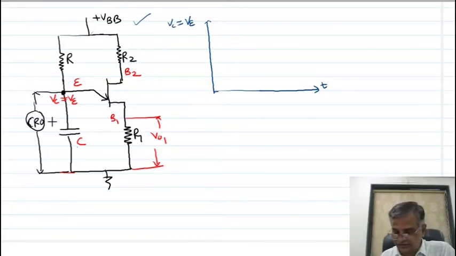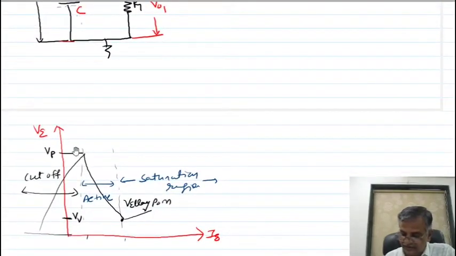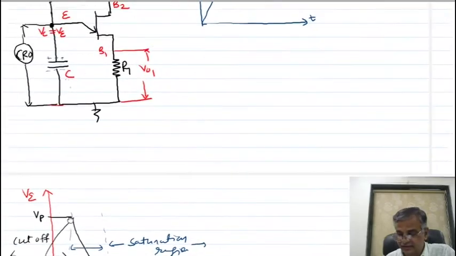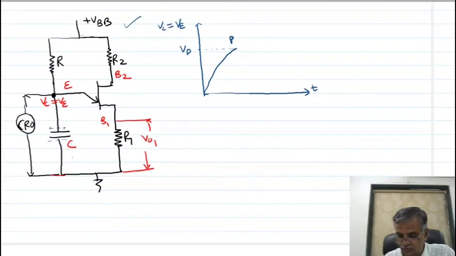As I switch on, the capacitor starts charging through the resistor R. So I am showing you the charging voltage varying like this. And when it attains the peak voltage, then the capacitor starts discharging. What is the reason? Look, I am showing you the reason.